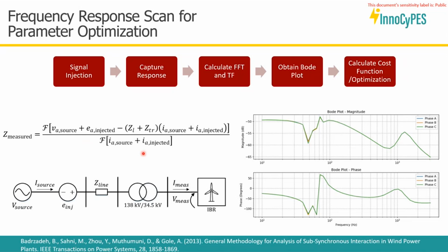There are many Python libraries that you can use to calculate this FFT, and you can get the Bode plot out of that. You can get the magnitude and the phase, because from these you get complex results that you can translate into amplitude and phase.